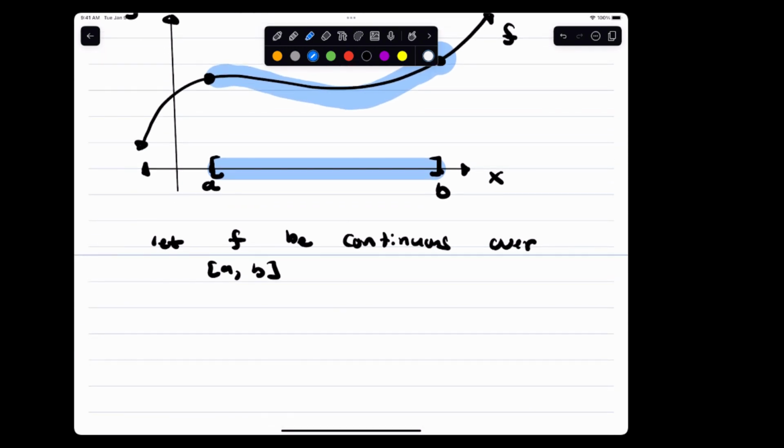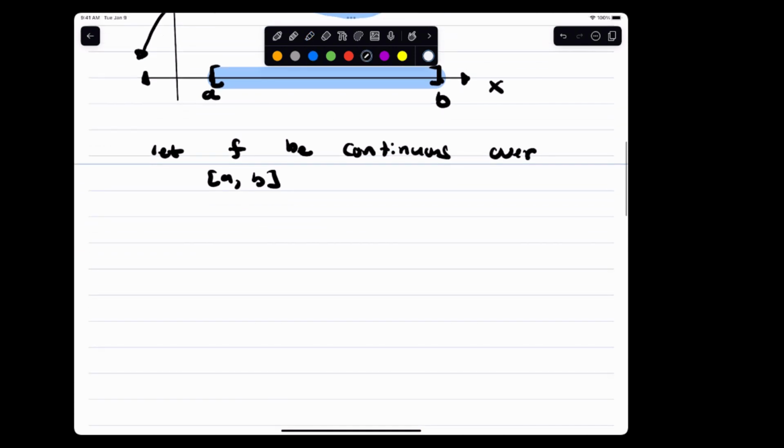Now, there's more. So f is continuous. N is any number between. So I'm going to write it this way. And f of a is any number between. Here we go. These are the output values.